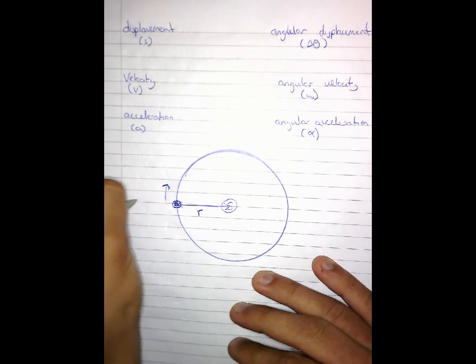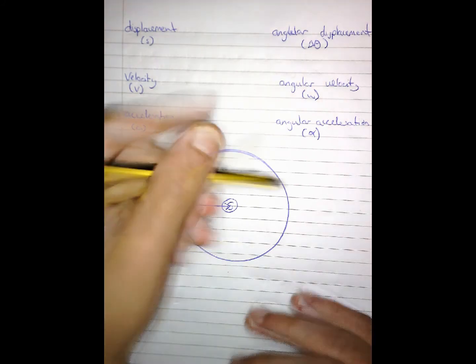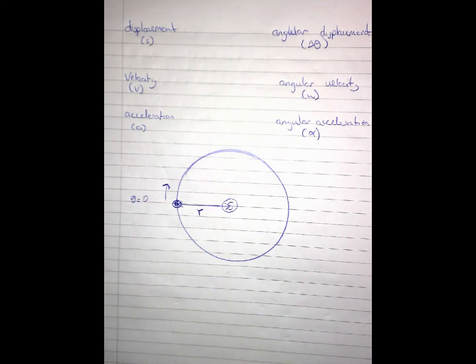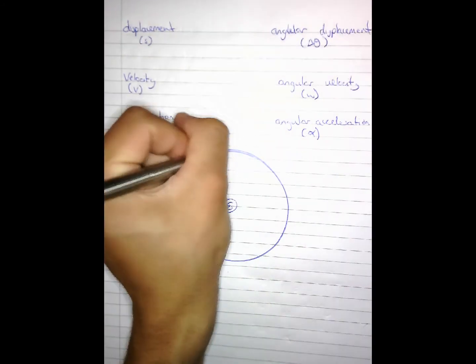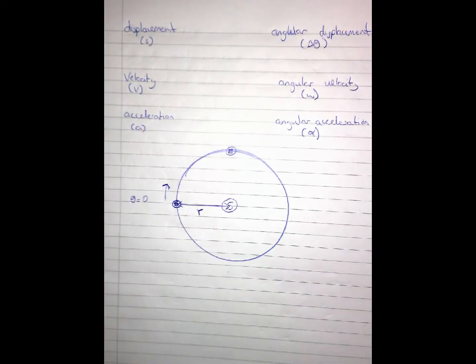So we can say here that theta equals 0. Now, we then take a snapshot as it's going round of the Earth a season later, so a quarter of the year later, when it would be there in its orbit.